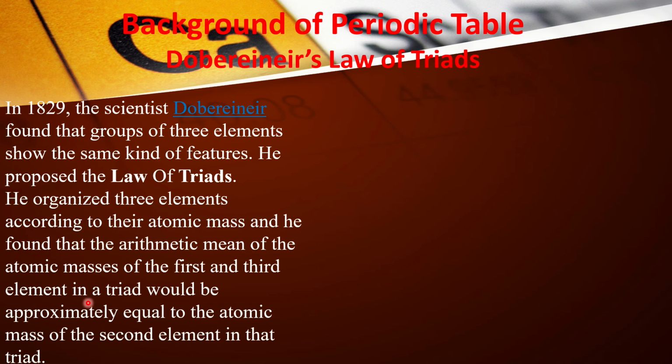And he gave a law. This law is called the law of triads. What is the law? The mean of atomic mass of first and third elements in a triad is approximately equal to the atomic mass of the second element in that triad.